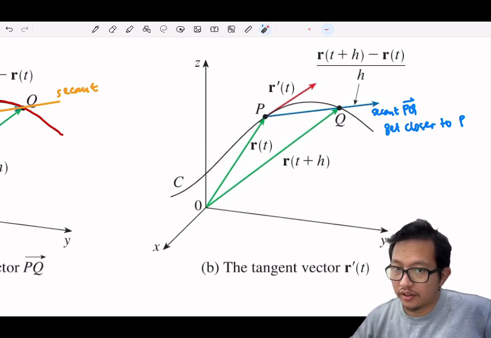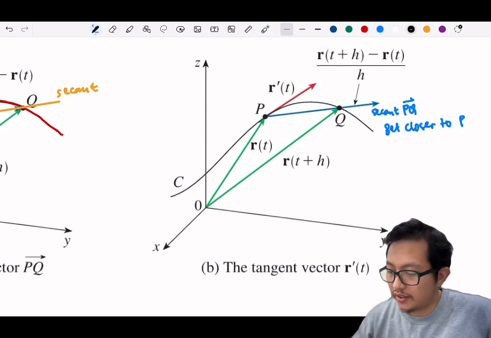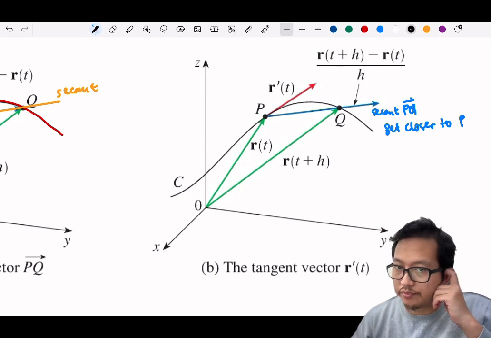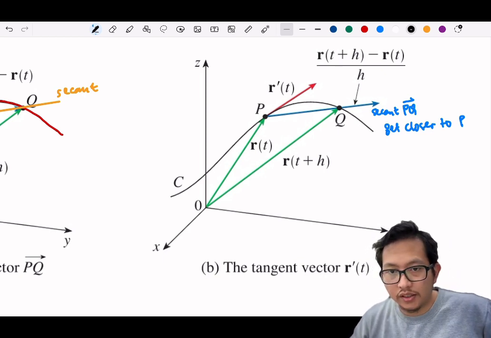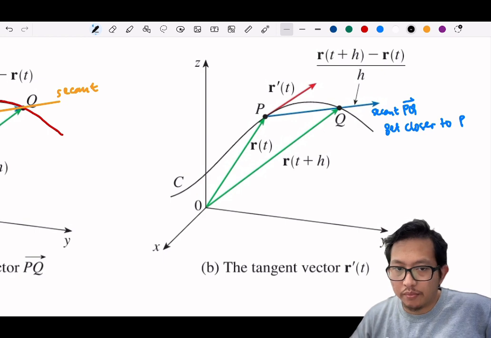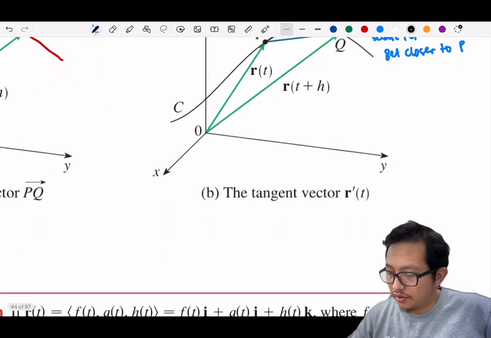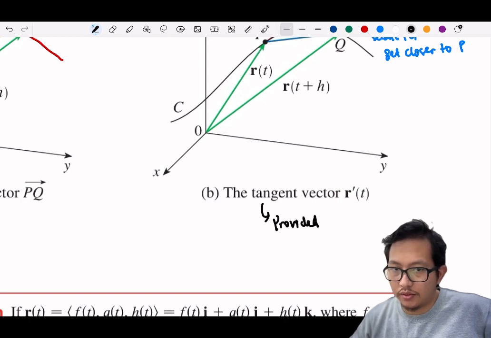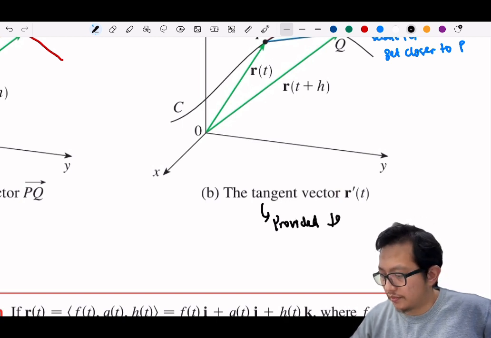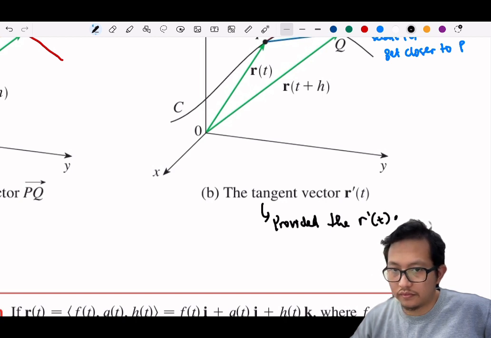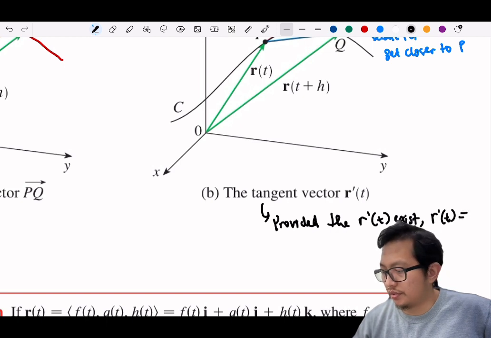Very similar to what we have in calculus 1. We say this is the tangent vector r prime of t, provided r prime exists and r prime is not equal to 0.